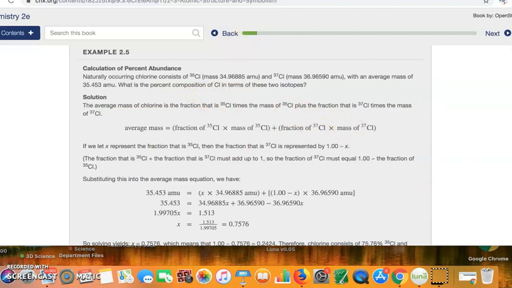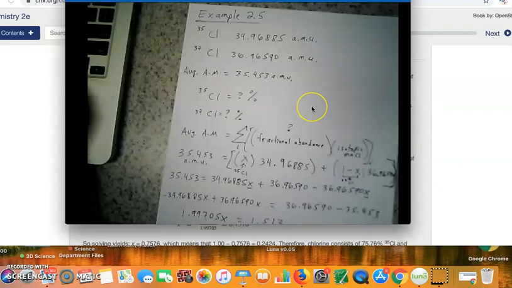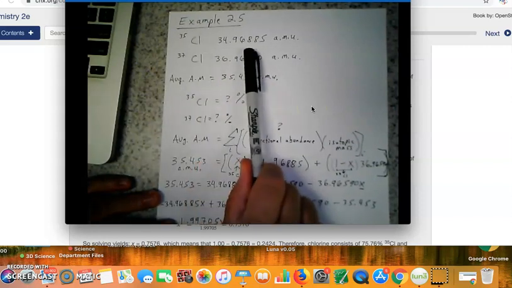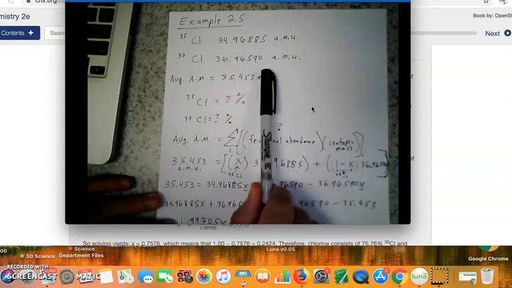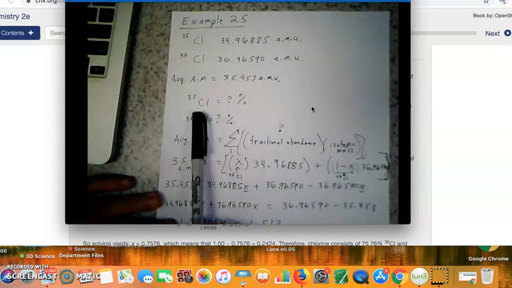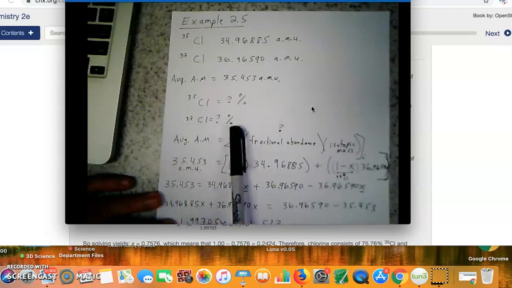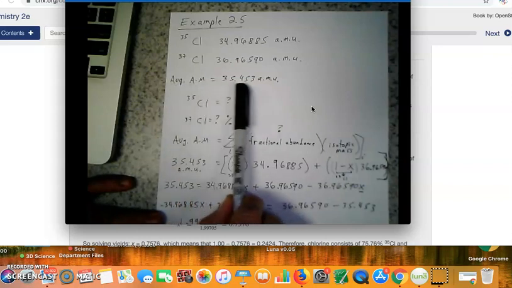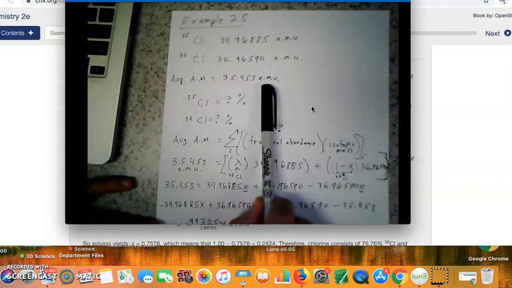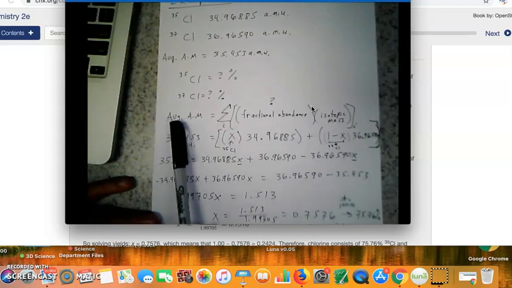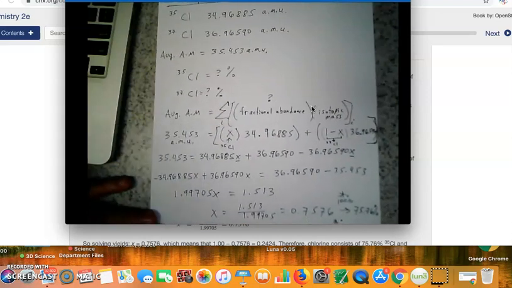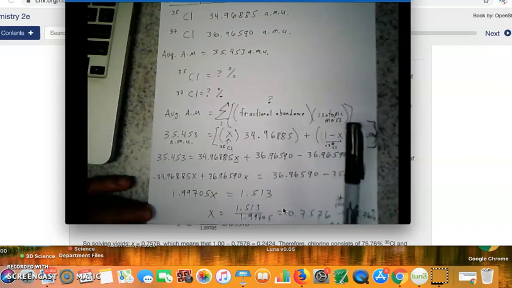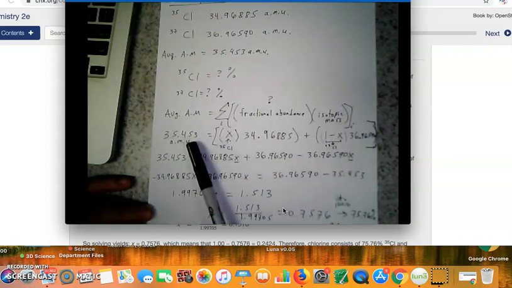Okay, so going back here to my document camera to show you what I did. So here's the information they gave us. They gave us the mass for each isotope. They did not give us our percent abundance. But they gave us the average atomic mass value. So if I look at my formula for finding the average atomic mass, it's this thing here which we talked about earlier. So I'm going to substitute in my given information.